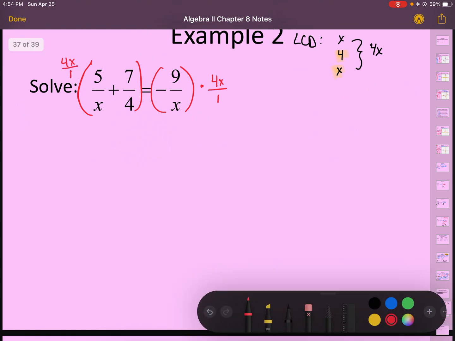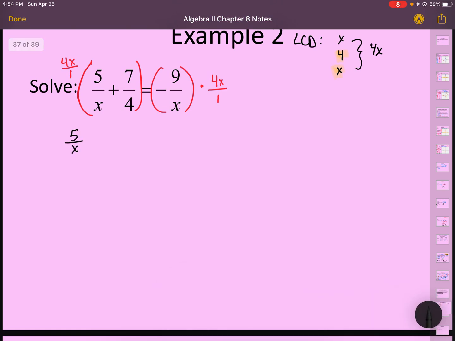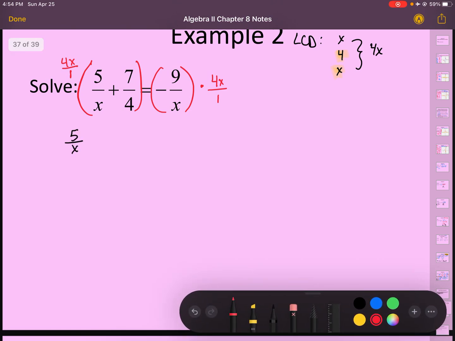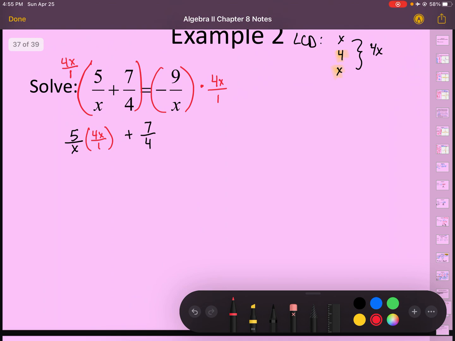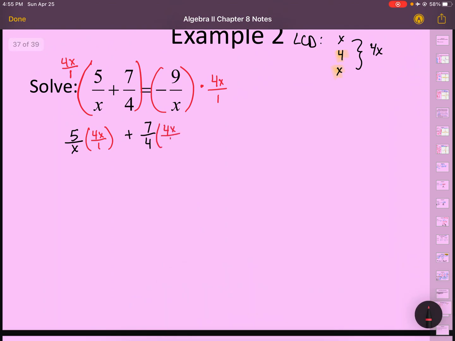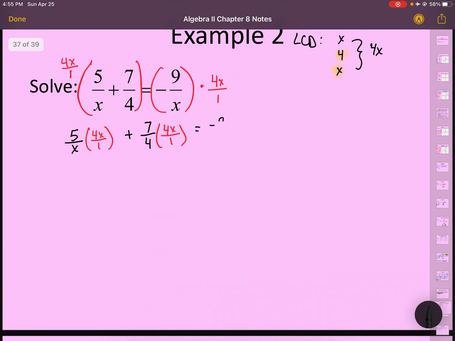Because these are fractions, now if I think about this, this is 5 over x times 4x over 1, plus 7/4 times 4x over 1, is equal to negative 9 over x times 4x over 1.